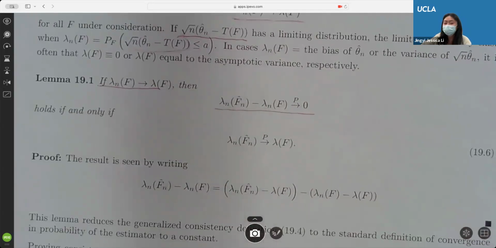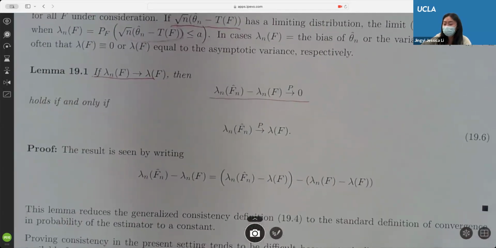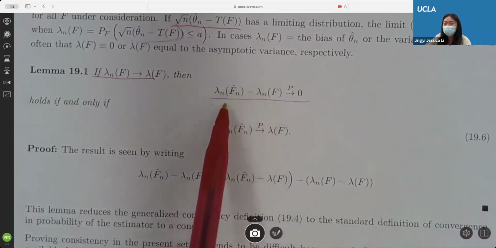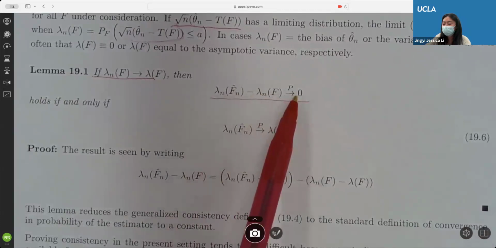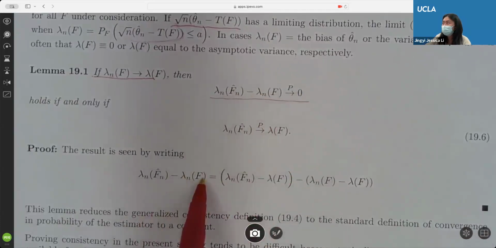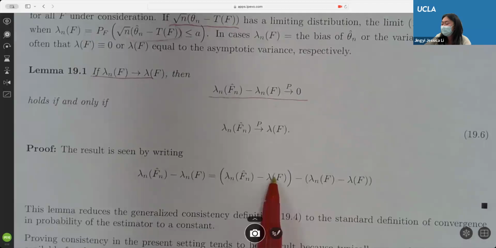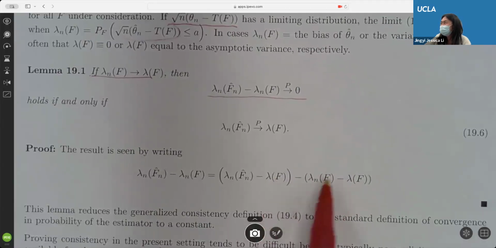Okay, and the proof is just one line, actually. We want to show that the difference between the plug-in estimator and the performance measure goes down to 0 in probability. We can write their difference in 2 parts: the difference between the plug-in estimator and the limiting performance measure, and the difference between the finite n performance measure and the limit.